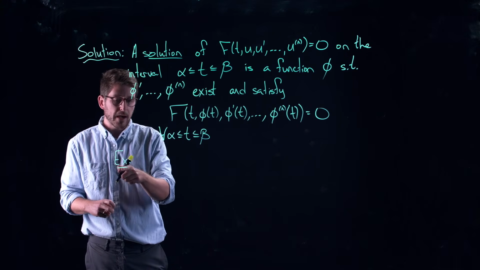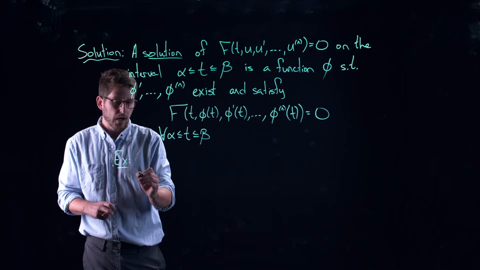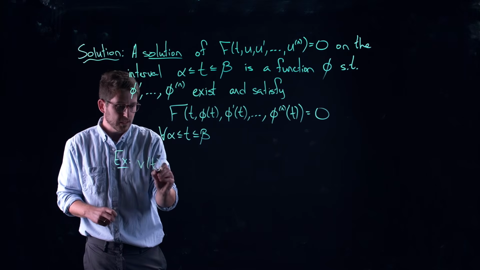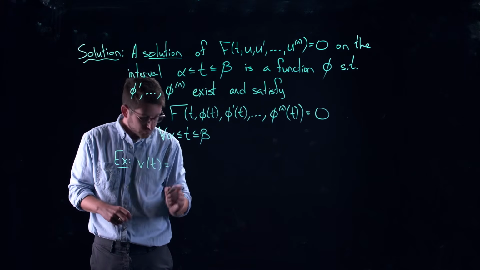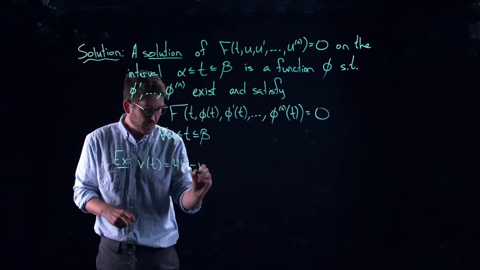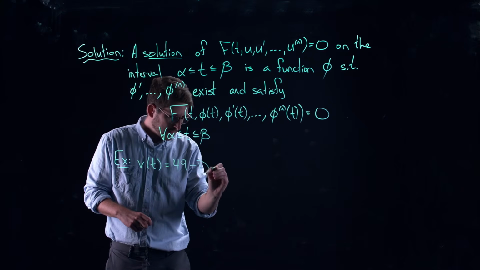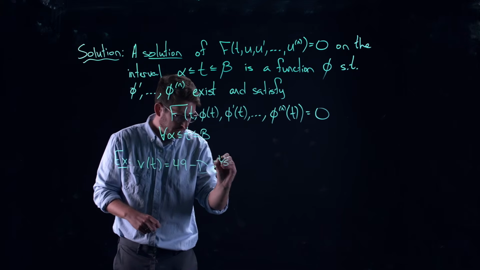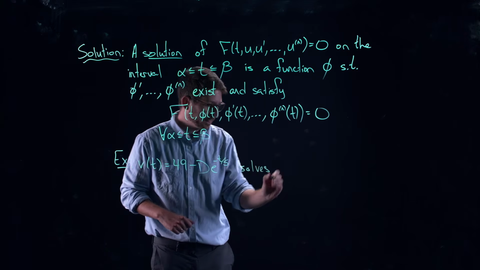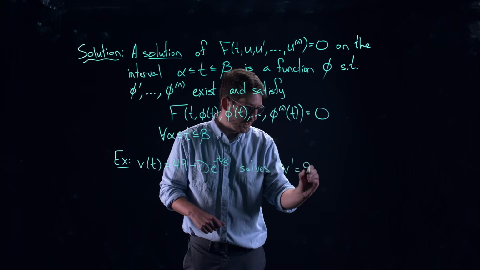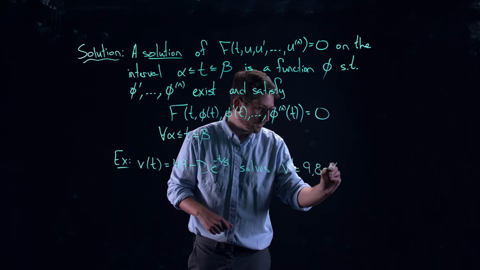All right, so let's go back to the previous example from the last video. We had v of t is equal to 49 minus d e to the minus t over 5. That was my solution. Remember, it solves v prime is 9.8 minus v over 5, right?